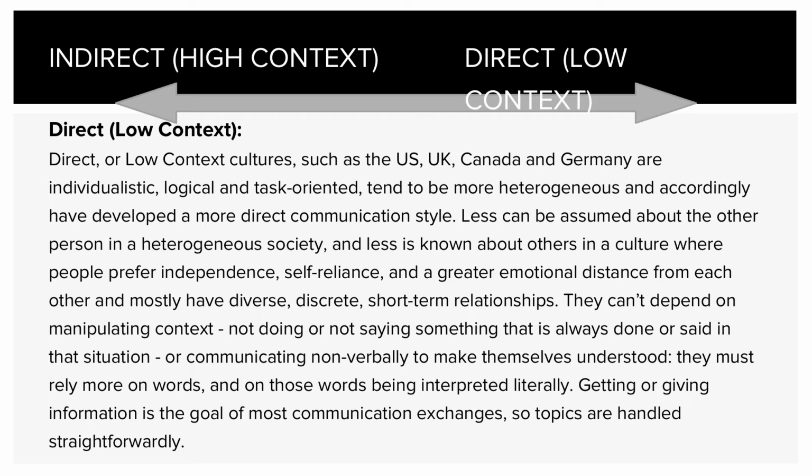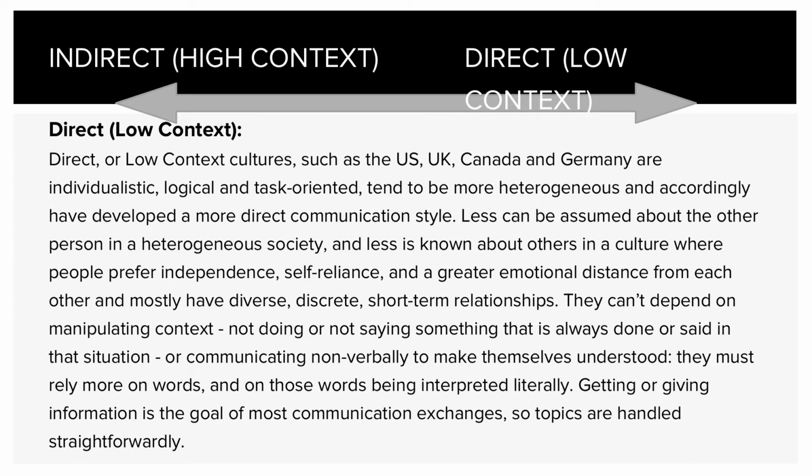Less can be assumed about the other person in a heterogeneous society, and less is known about others in a culture where people prefer independence, self-reliance, and a greater emotional distance from each other, and mostly have a diverse, discrete, short-term relationship.